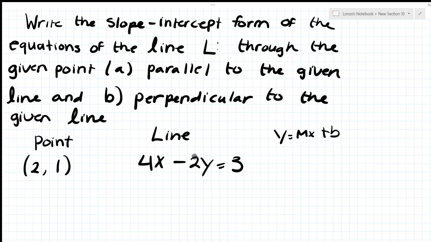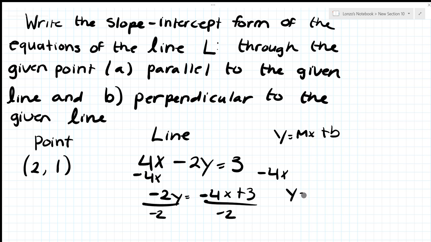What form is this? This is standard form. So to get it in slope intercept form, you simply solve for y. Get y by itself. So I'm going to subtract 4x. Get negative 2y equals negative 4x plus 3. And then I'm going to divide everything by negative 2.